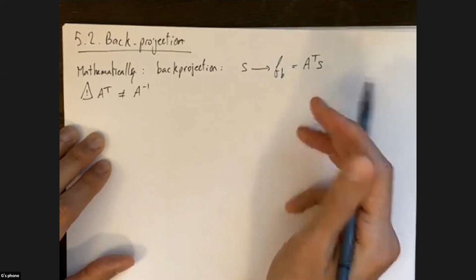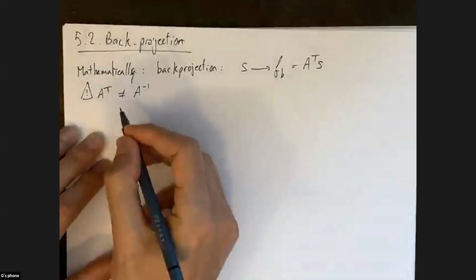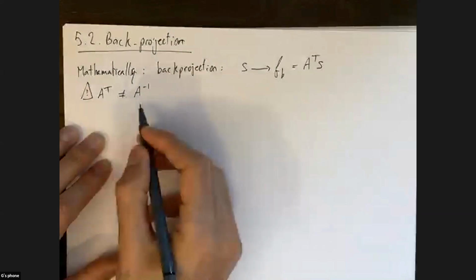We've seen that if we just apply simple back projection, we don't get back the image that represents the true distribution. We get a blurred version of it. We had to filter the projection in order to truly get the right answer. So that's the idea here: the transpose is not the same as the inverse.